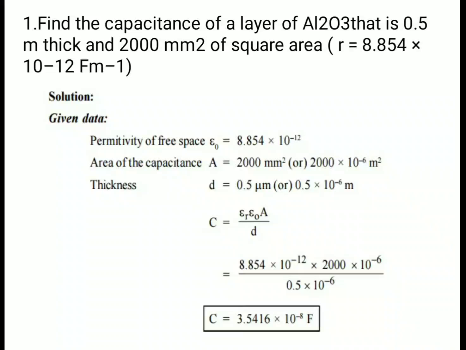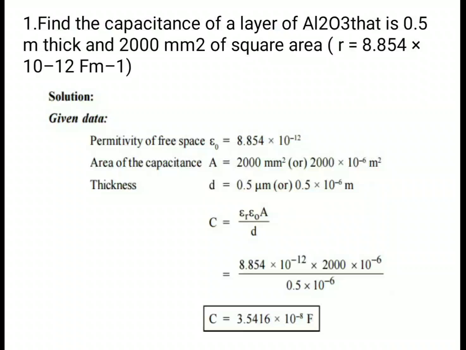Here the given data is permittivity of free space 8.854 into 10 power minus 12, and the area of the capacitor is 2000 millimeter square. Now it is converted into meter square: 2000 into 10 power minus 6 meters square, and the thickness D is 0.5 micrometers, equal to 0.5 into 10 power minus 6 meters.